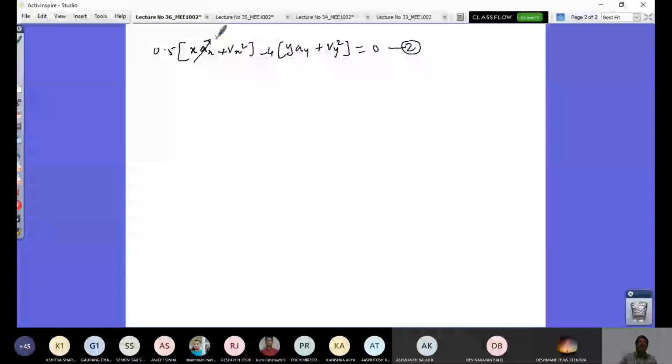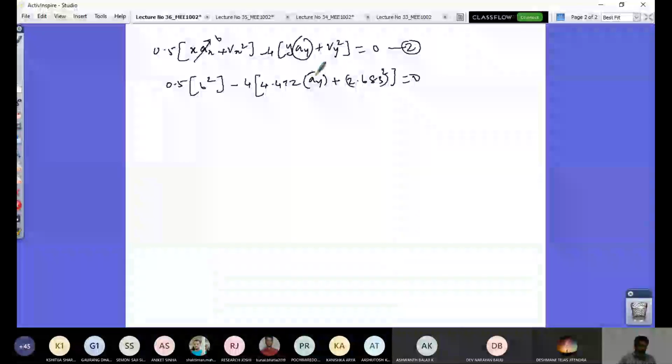So it's 0.5 into Vx, 6 squared, minus 4 into y, 4.472, into Ay, which we need to find out, plus Vy, which we just found, 2.683 squared, equals 0.